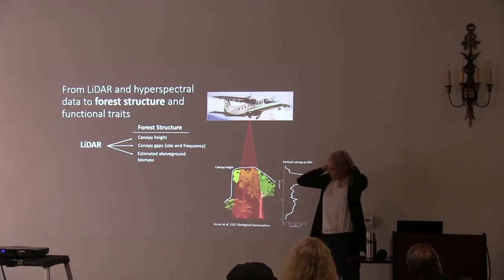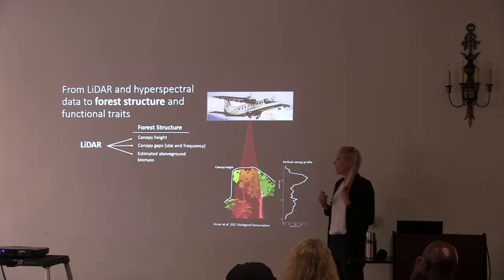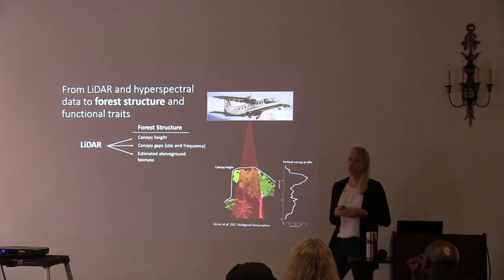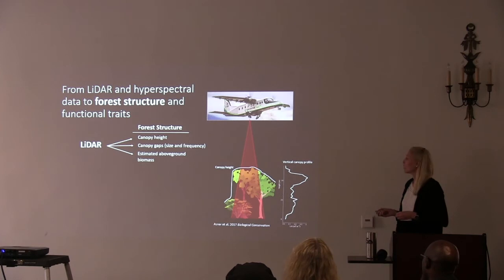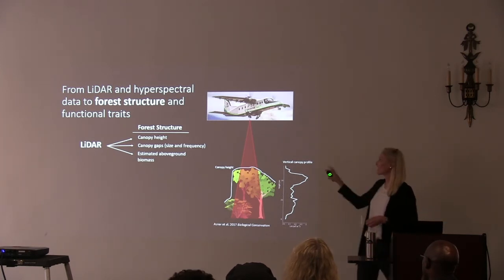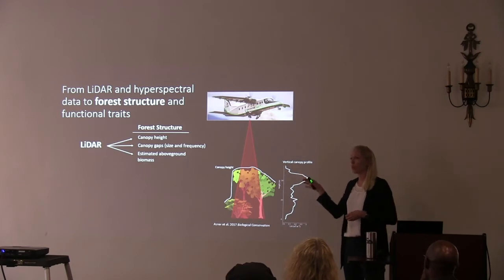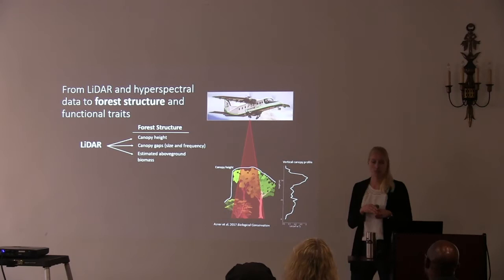I used LiDAR and hyperspectral data to look at how edges affected both forest structure and a few key leaf traits. This data was collected by the Global Airborne Observatory during a flight campaign in 2016 across Malaysia and Borneo.